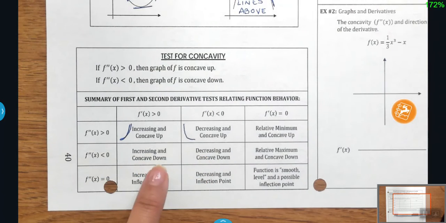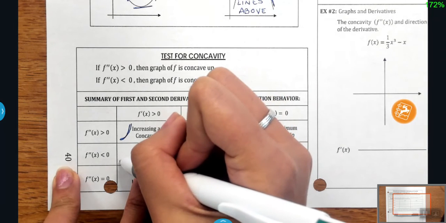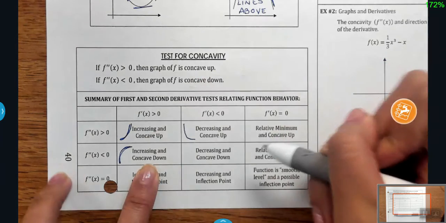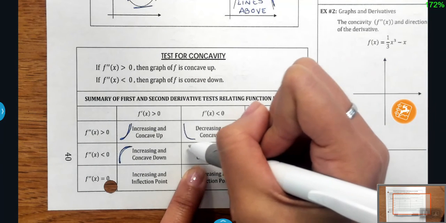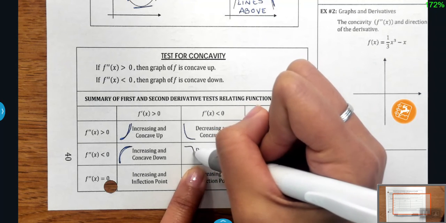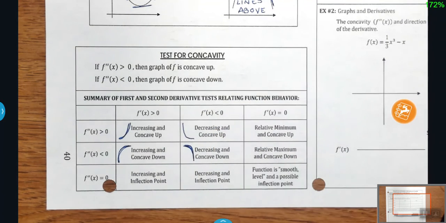And then increasing and concave down looks like that. And decreasing and concave down looks like that. Right?